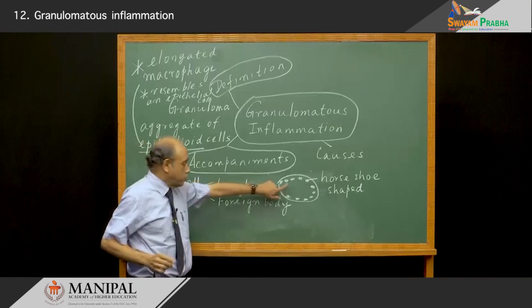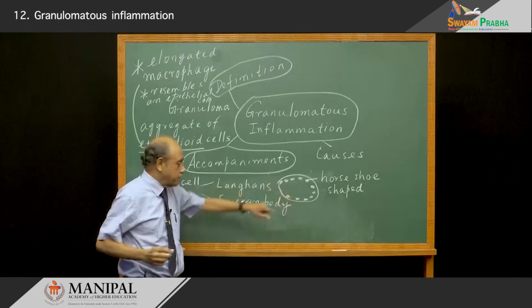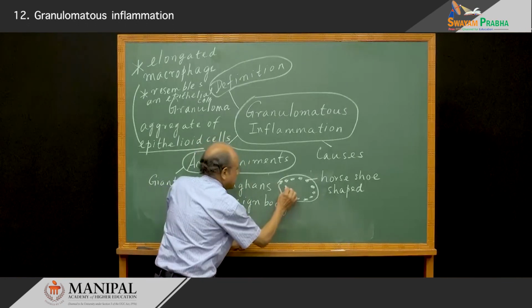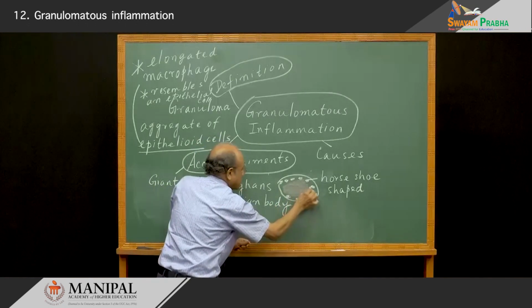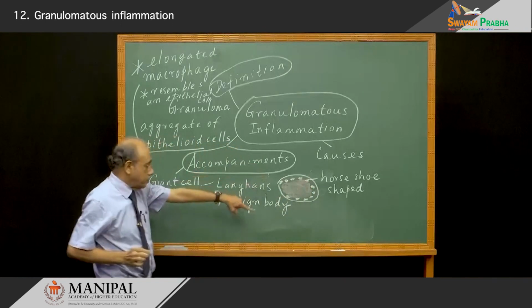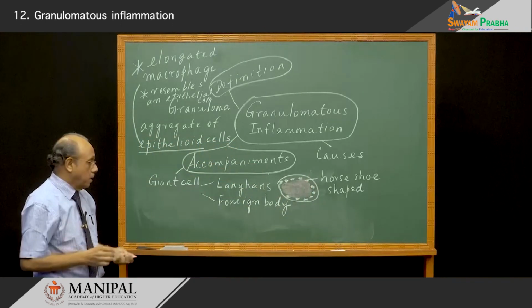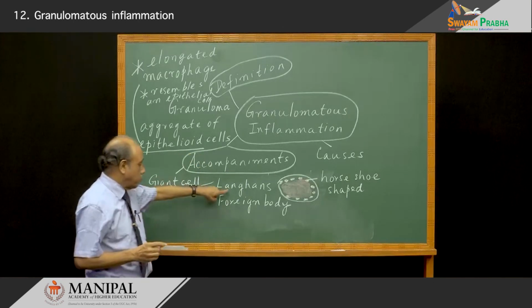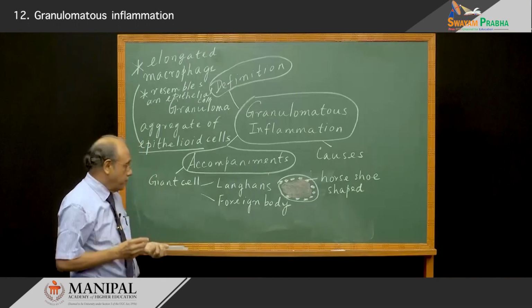There is plenty of pink cytoplasm. The nuclei arranged in the shape of a horseshoe, this is called the Langhans type of giant cell.